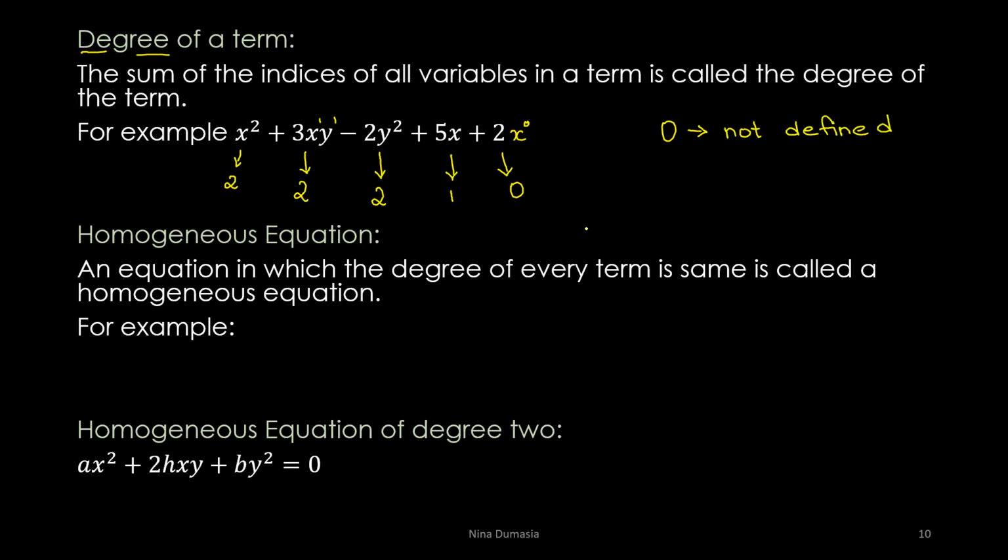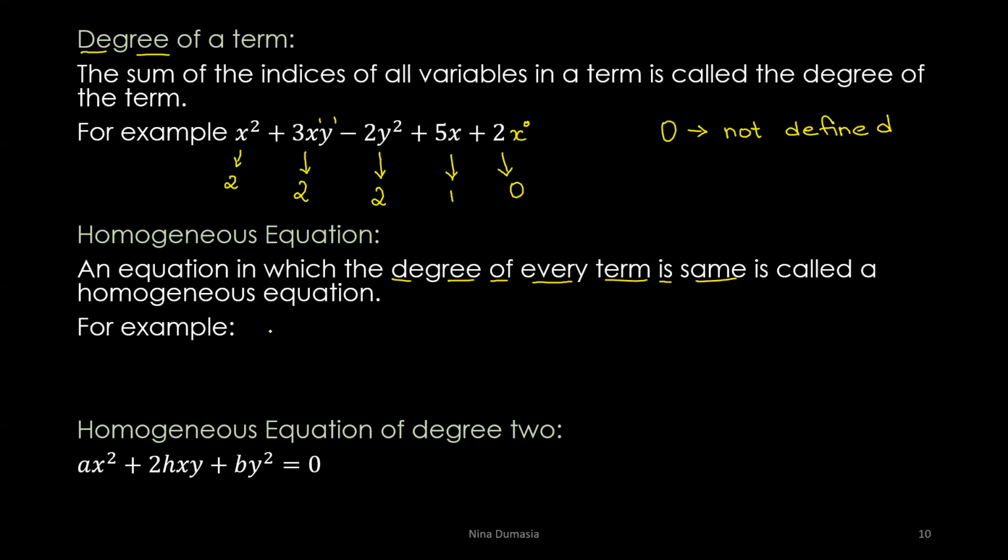Okay. Now next we have to look at the definition of a homogeneous equation: an equation in which the degree of every term is the same. So if the degree of every term is the same, we call it a homogeneous equation. Here you are seeing that the degree of all terms is not the same. The first three have 2 but then there is 1 and 0, so that is not a homogeneous equation. So for example, suppose let us write an equation in x and y where everything has degree 2.